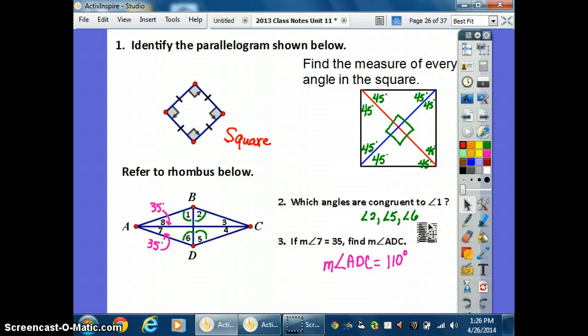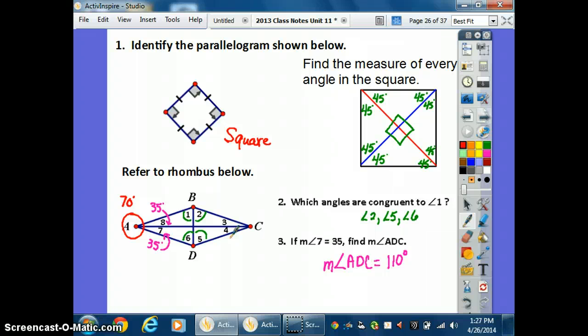And then if 7 equals 35, what's the measurement of ADC? That would be this angle down here. We can see that 7 is 35, so 8 is 35, so this total angle here, BAD, sums to 70, making this angle down here, ADC, sum to 110.